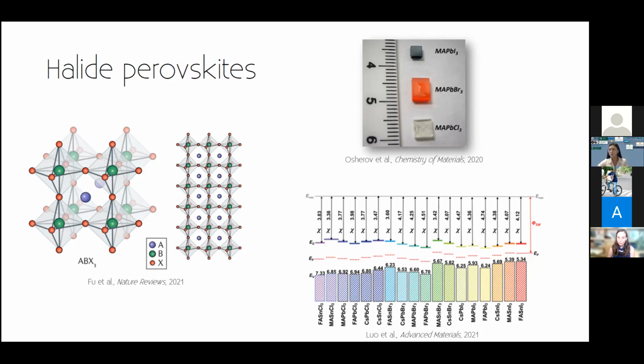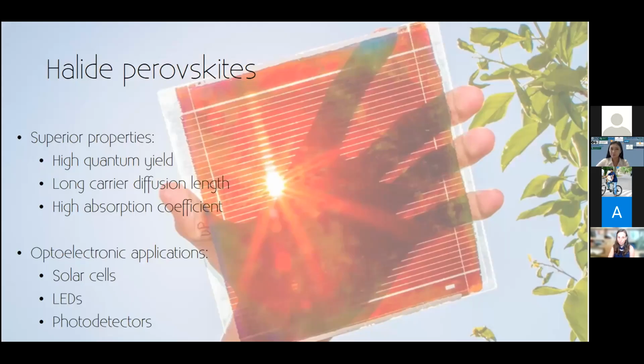Due to very specific properties of the structure and the lattice, they hold very impressive properties for optoelectronics, such as high quantum yield, long carrier diffusion length, and high absorption coefficient. They are well studied and used for very highly efficient solar cells, LEDs, photodetectors, and many other applications.